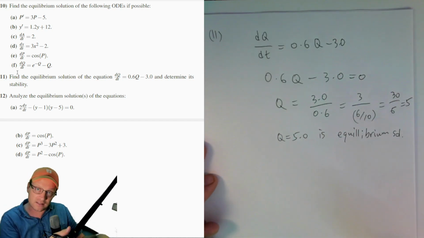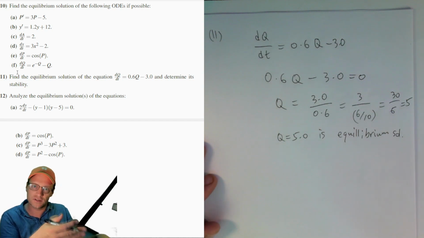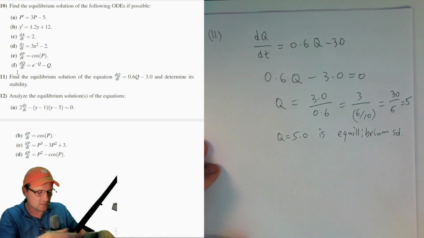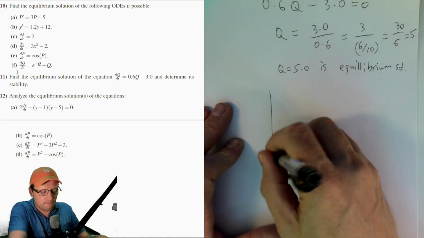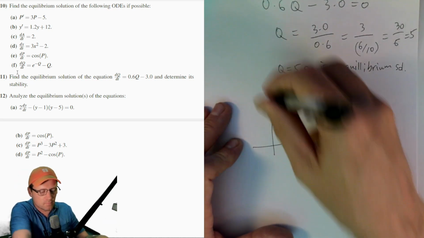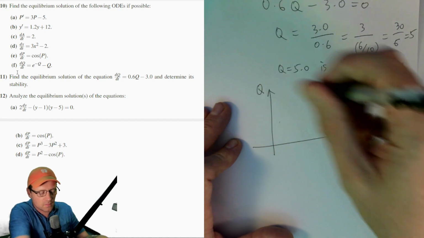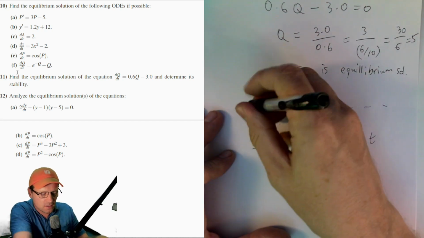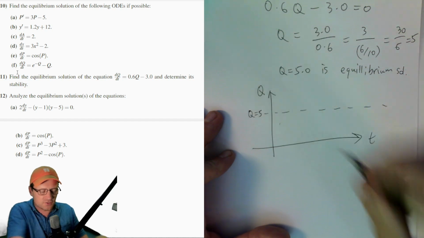Okay, now the next part of this asks us to determine the stability of this. And so what that means is, so let's draw a picture of this first. So here we have our equilibrium solution. q is 5. Now that's a trajectory.